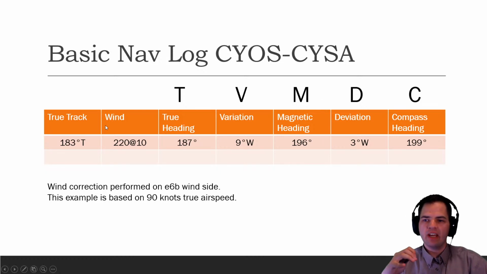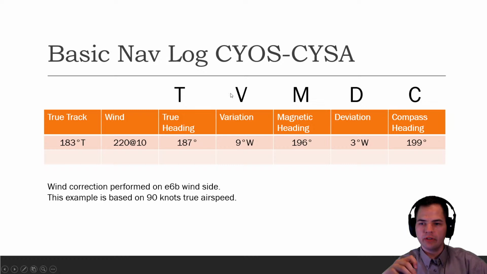And on the test, they'll definitely want you to go through this whole spiel, at least the individual parts. So the way that you can remember this for the test is separate your tracks from your headings, right? That's the first thing.